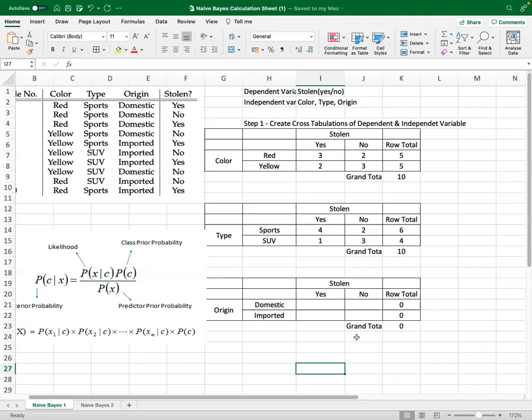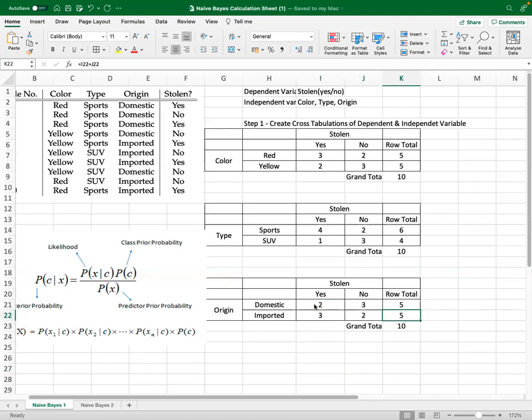So how many domestic are stolen? How many domestic are not stolen? How many imported are stolen? How many imported are not stolen? 2. So this is the first step.